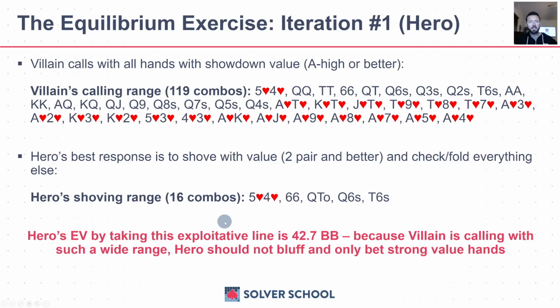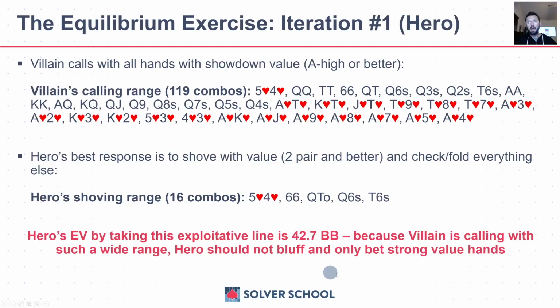By taking this exploitative line, hero's expectation is to make 42.7 big blinds. That's greater than the 35.5 big blinds that we'd expect if we just check this down. Because villain is calling with such a wide range, hero shouldn't bluff, and hero should really only bet strong value hands and take advantage of the fact that villain is calling with such a wide range.